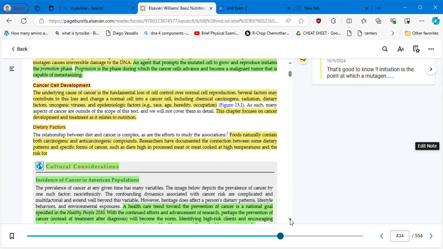Cancer cell development. The underlying cause of cancer is the fundamental loss of cell control over normal cell reproduction. Several factors may contribute to this loss and change a normal cell into a cancer cell, including chemical carcinogens, radiation, that includes your microwave usage.